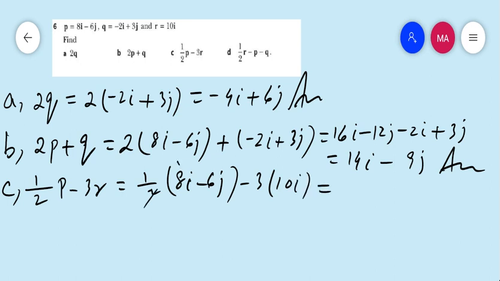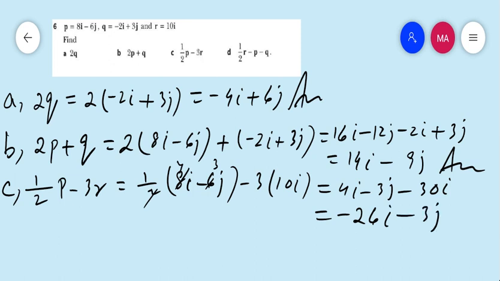So 2 4s are 8, 4I, 2 3s are 6, 6J, and 3 10s are 30I. So minus 30 plus 4 is minus 26I minus 3J. Minus 26I minus 3J is our final answer.